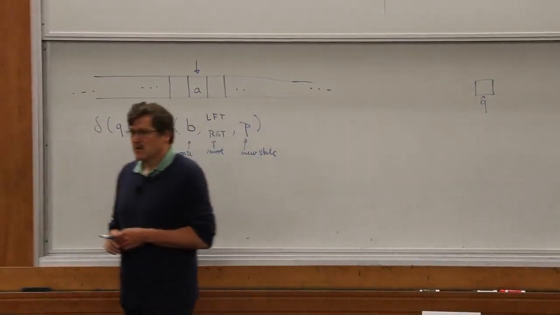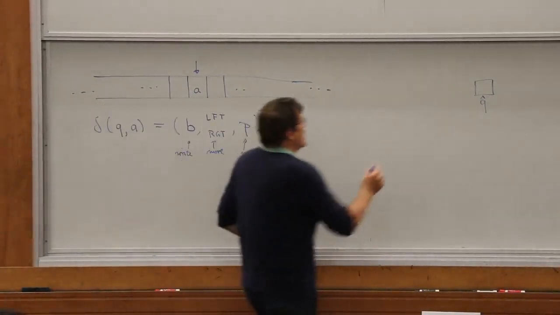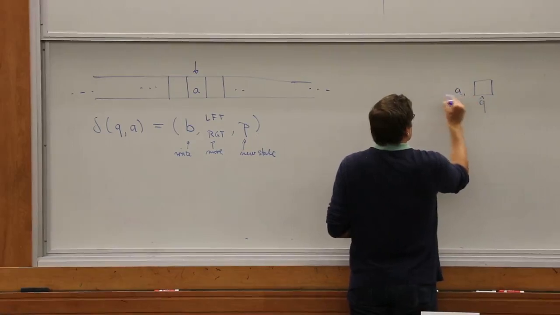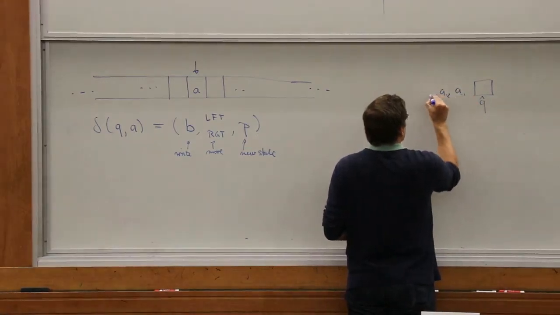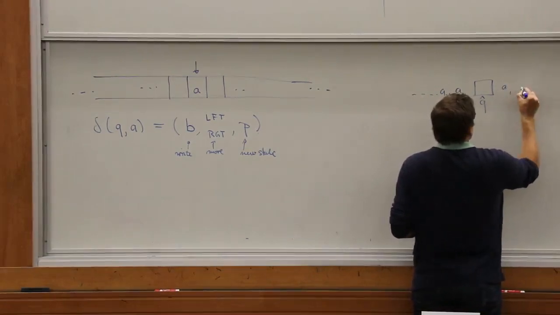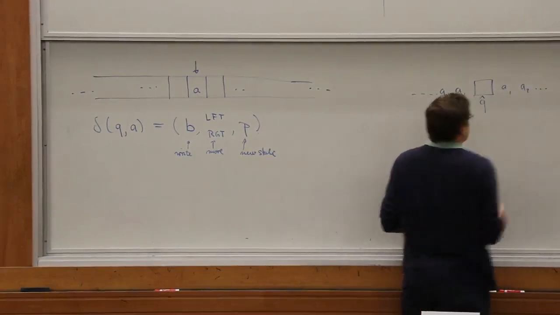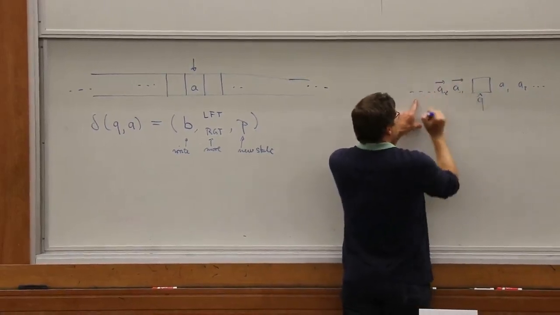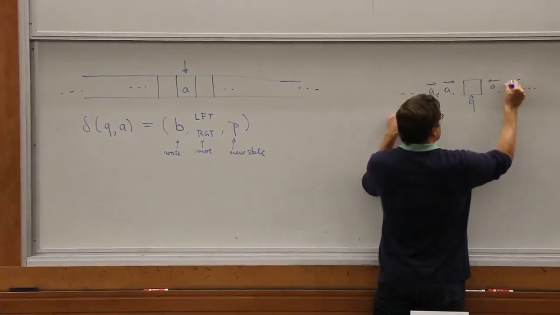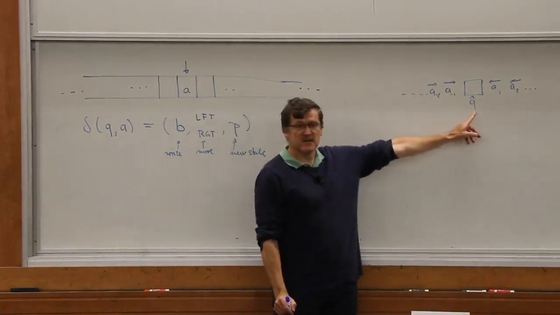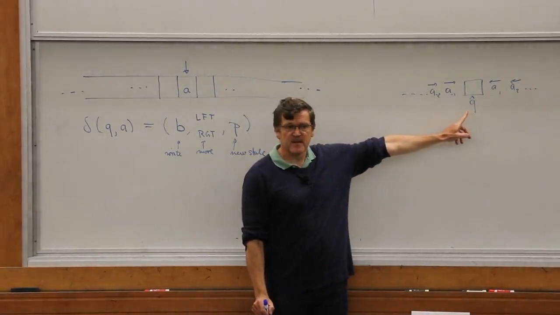The cells to the left, A minus 1, A minus 2, and to the right, A plus 1, A2, and so on, are messages. These messages have to flow in this direction, and these messages have to flow in this direction, so that potentially this Q can see either of them.